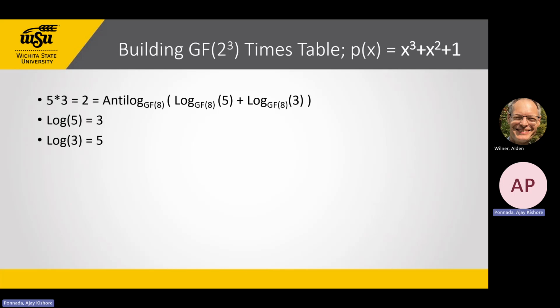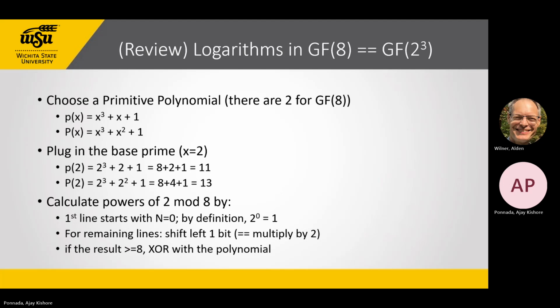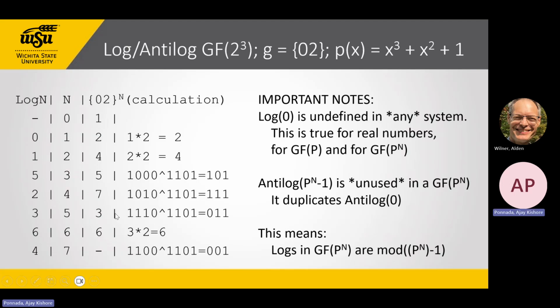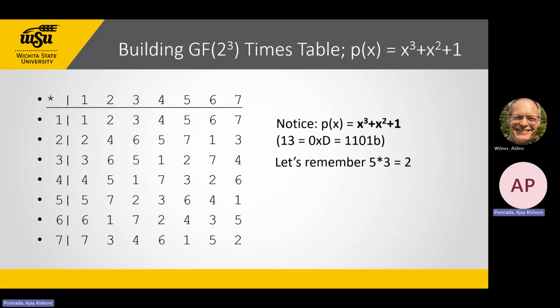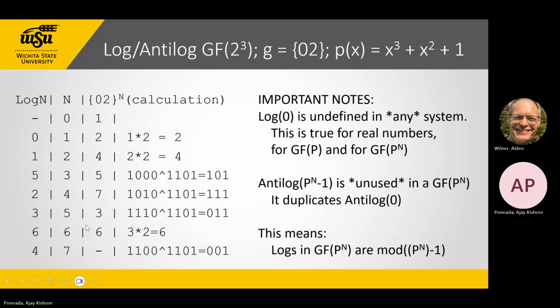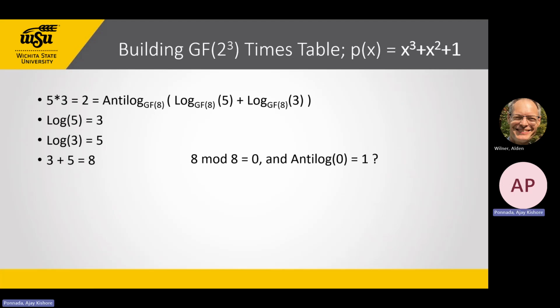Log of 5 is 3, log of 3 is 5, from the table we have just seen. If we add that, that's 8. So 8 mod 8 is 0. So antilog of 0 is 1, again from the table.